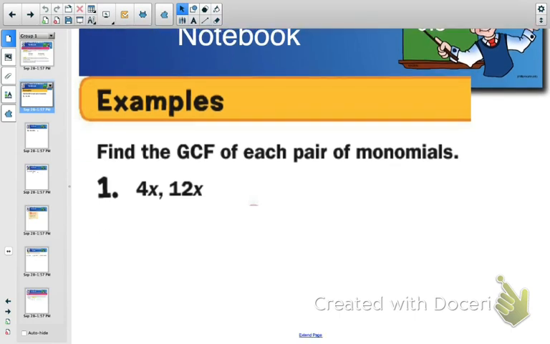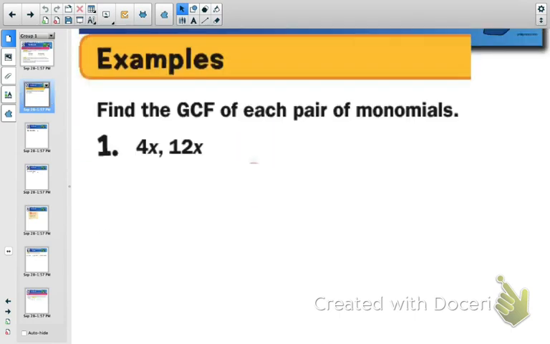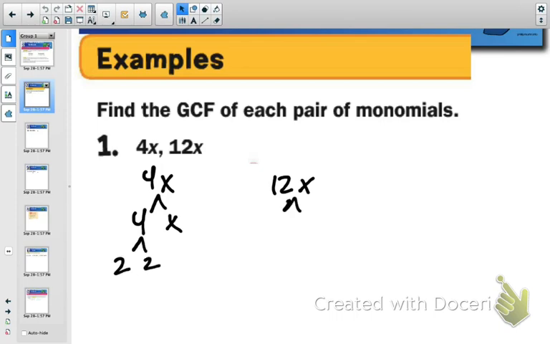Okay, so this is find the GCF of each pair of monomials. So we have 4x and we have 12x. We can always do this factor tree thing where we break down: this is 4 and x. 4 breaks down to 2 times 2. 12 breaks down into 4 times 3, and 4 breaks down to 2 times 2. Then we look at what they have in common.